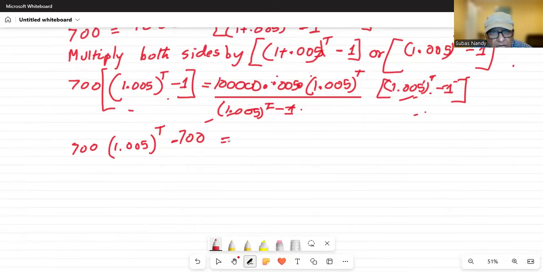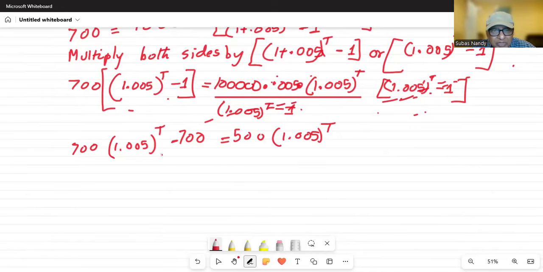And on the right, I have 0.005 times 100,000. If I use my calculator, that will be 500 times 1.005 exponented to t. I just want to mention that this term cancels with this term as we discussed.